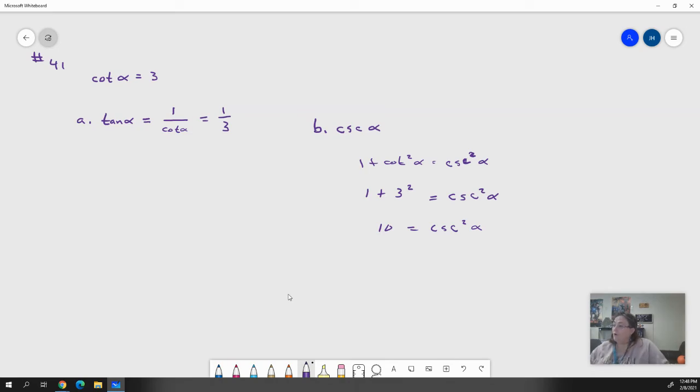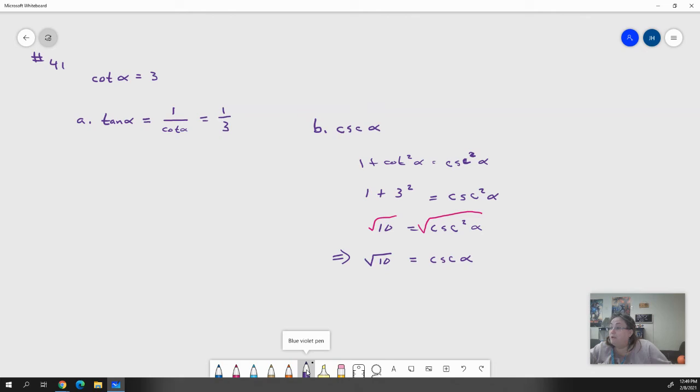So when I go to solve this, I'm left with one other piece to do. I've got to take the square root of both sides. And when I do that, I am going to be left with the square root of 10 equals cosecant of alpha. We can't break down that square root of 10. I do not want to see a decimal answer when you guys do these.